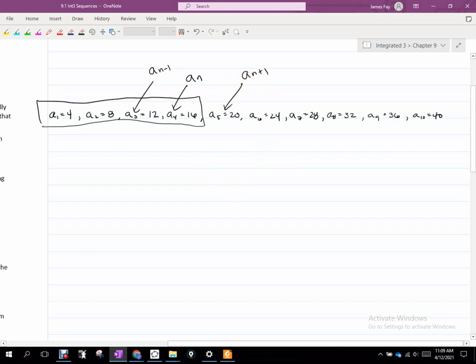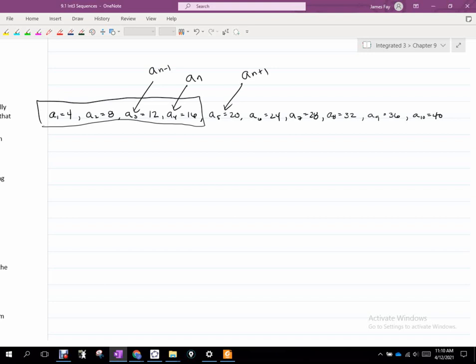Okay? So each one of these terms is referred to as an A sub n. Now that n might be the third term, or the 12th term, or the 1,000th term. But when I say A sub n minus 1, I'm talking about the term that came prior. Does that make sense? If I say A sub n plus 1, it's the term that comes next.